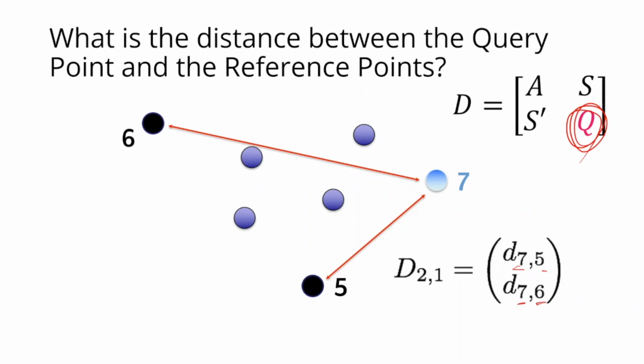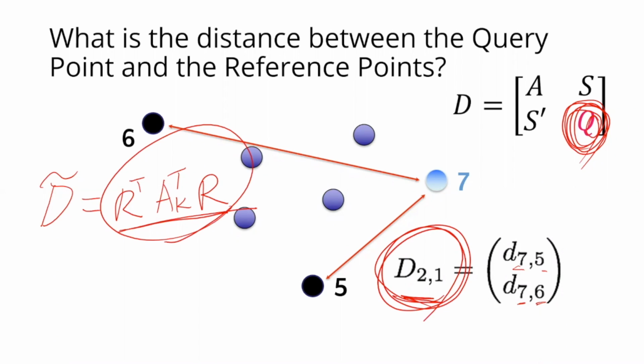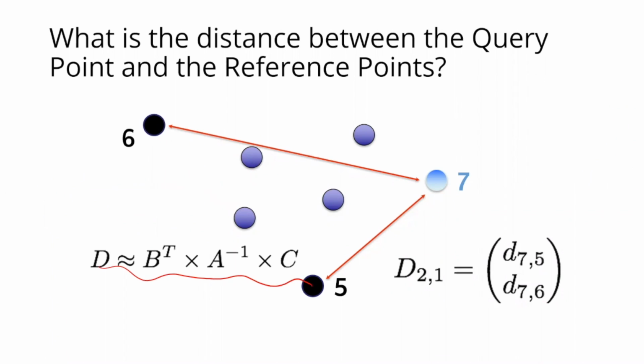That is a subpart of the block matrix Q, which we're going to call D. Remember the Nystrom approximation says the approximation of the distance matrix equals R transpose times A pseudo-inverse times R. If we rewrite this equation in terms of this subpart of Q, this is what we get.